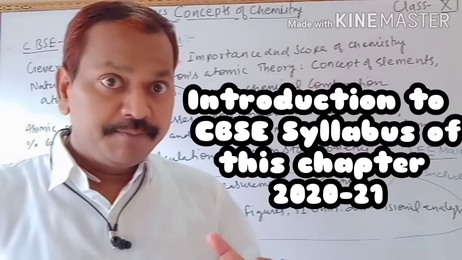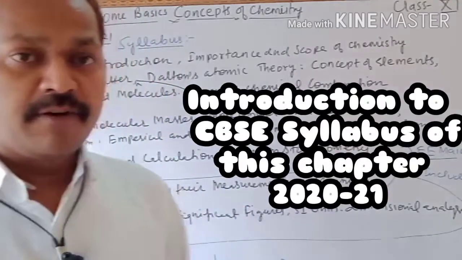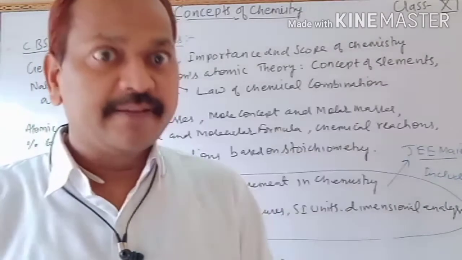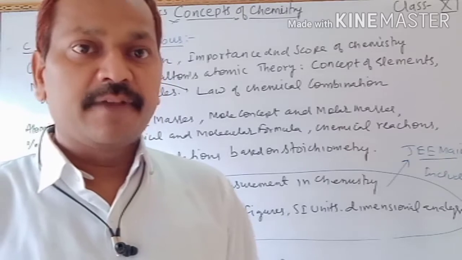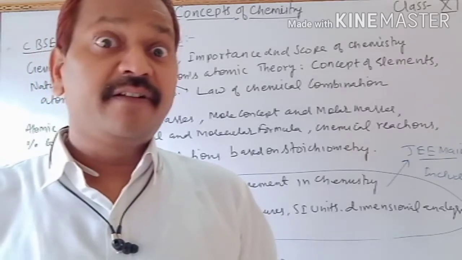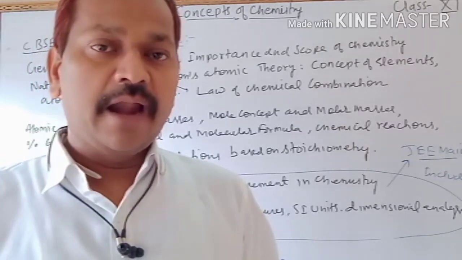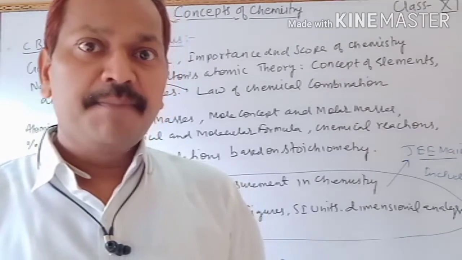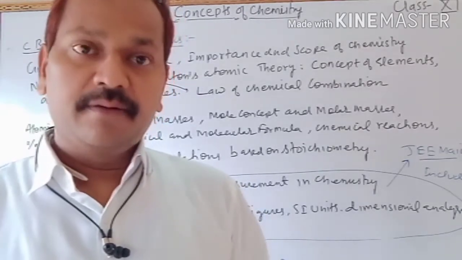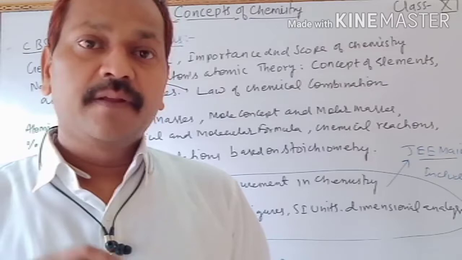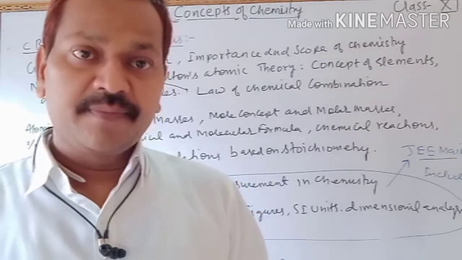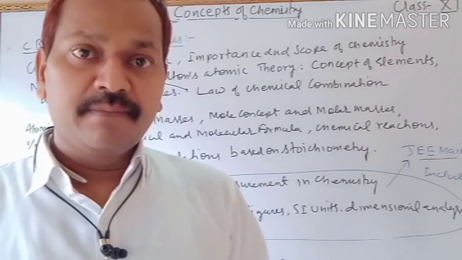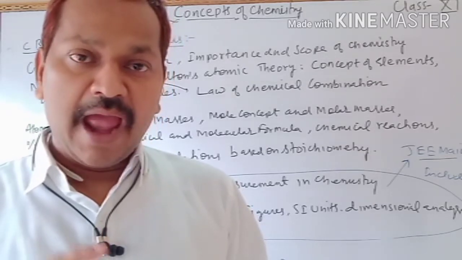First we will begin in terms of the CBSE syllabus. The first topic is the general introduction, importance and scope of chemistry, right? Nature of matter, and then the laws of chemical combination, the concept of atoms, molecules, elements.